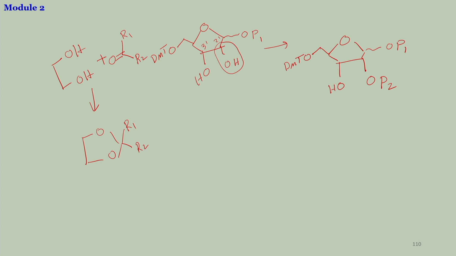In this case, the idea is that first you protect the other parts and then you can protect the C2 position. So, at the beginning, without the DMT, the starting point is you have P1, this OH and a free OH.